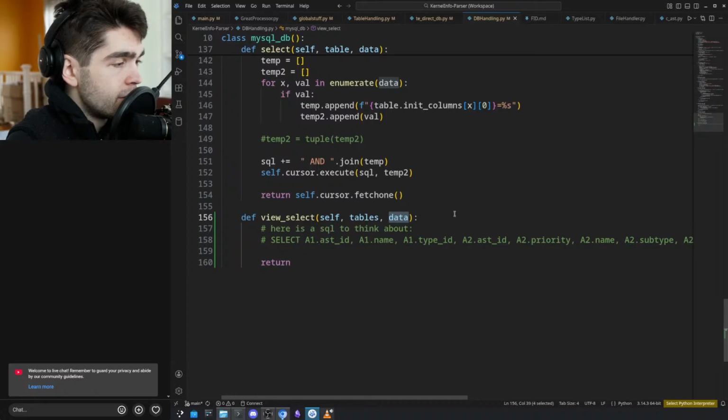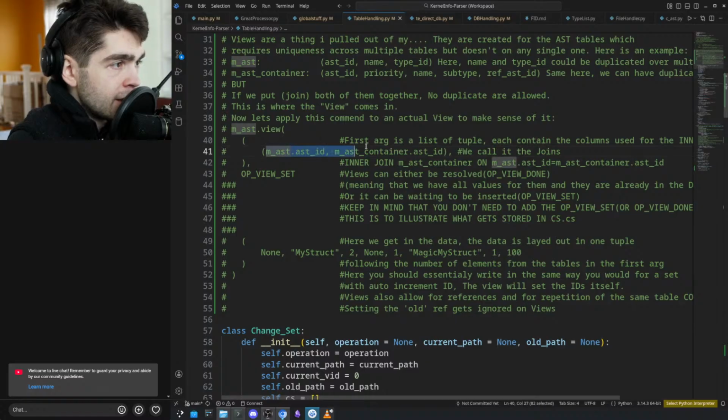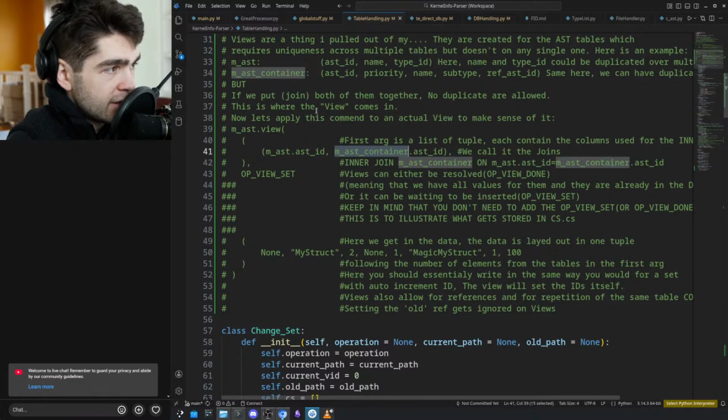A big thing to keep in mind is that within this structure we can call the same table multiple times. We won't call it multiple times, but we could have multiple values with the same ID.